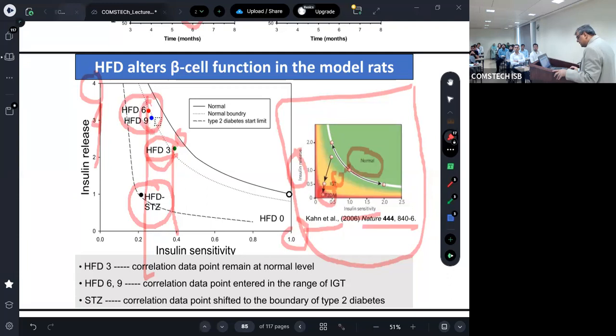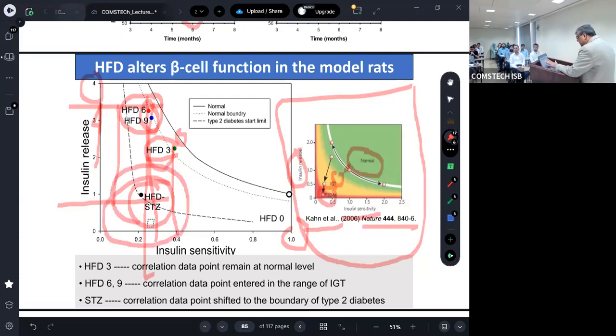In 6 months, this is insulin release. Insulin release comes from here to here. Insulin release is decreasing. So initially, insulin sensitivity is more or less similar, but insulin release is decreasing. As I told you, after existing, there is a dysfunction, less insulin release. So our data, the streptozotocin high-fat data, just mimic this model.